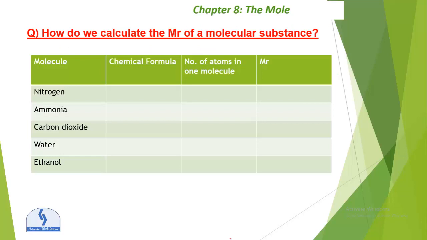Now, how do we calculate the Mr of a molecular substance? Let's start. Nitrogen has the chemical formula N2, ammonia is NH3, carbon dioxide is CO2, water is H2O, and ethanol is C2H5OH.